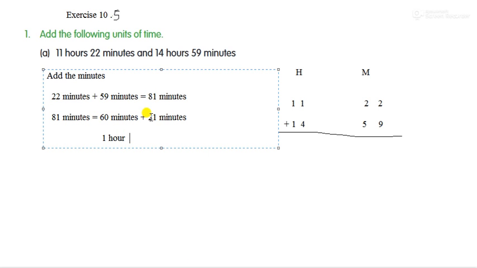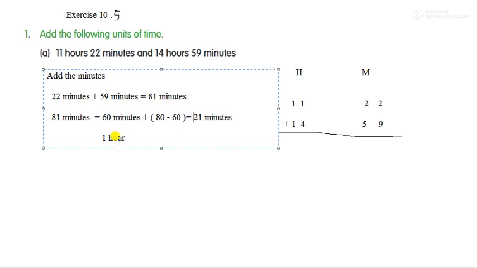Now if we don't know how to cut it off, we have to do it here: 81 minus 60. So 81 minus 60 equals 21 minutes.